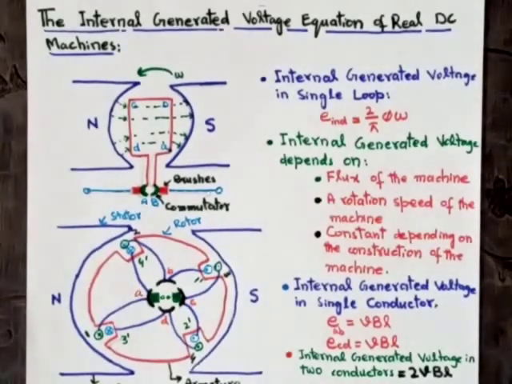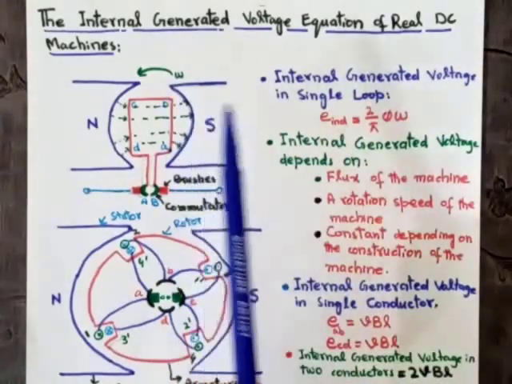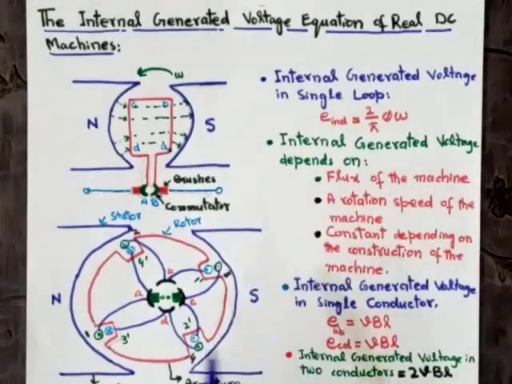So before going to the derivation, let us see an example so that we can understand the derivation of the internal generated voltage equation of real DC machines easily. As you can see in this figure, there are basically 8 conductors. 4 conductors are under the north pole and 4 conductors are under the south pole.